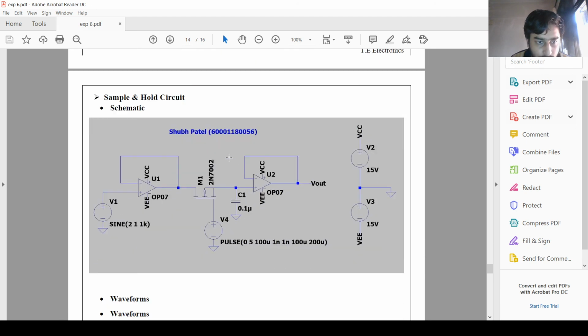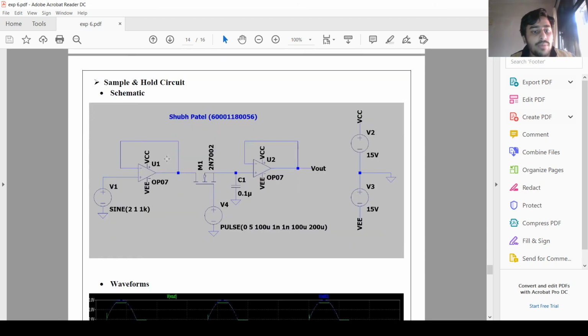Let's move to the sample and hold circuit. A sample and hold circuit samples the input voltage and holds it until the input voltage is sampled again. Here we have used an n-channel MOSFET, which acts as a switch, and it is controlled by the control voltage. When the control voltage is high, this turns on and acts as a closed switch.